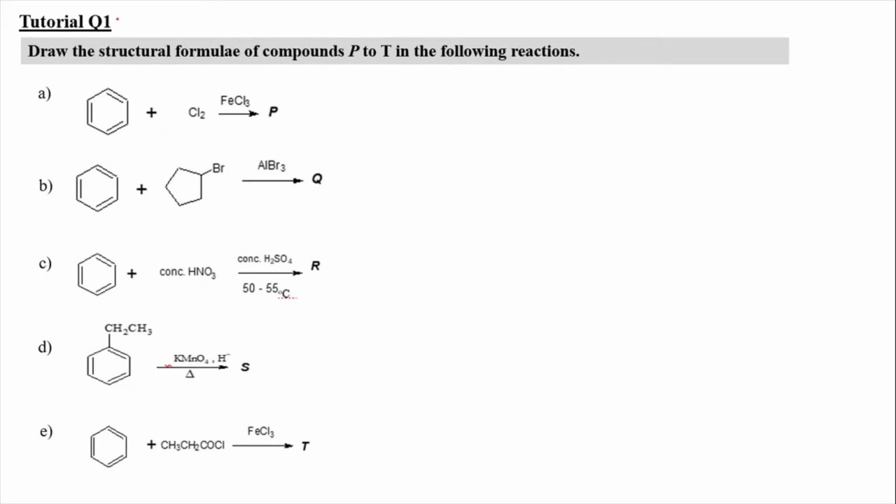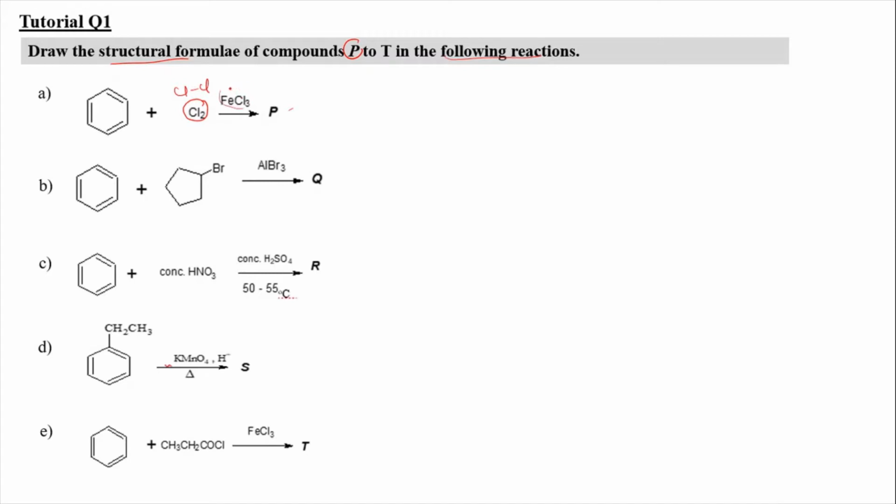So for tutorial question 1, we have to draw the structural formulae of compound P to T in the following reaction. For it, we were given a benzene, and this is going to be reacting with the halogen of the Cl-Cl molecule, in the presence of the Lewis acid.